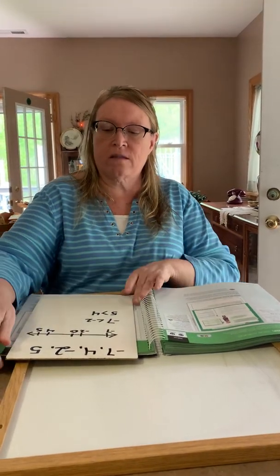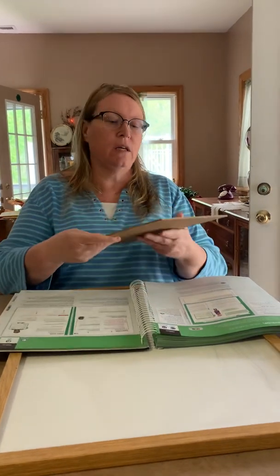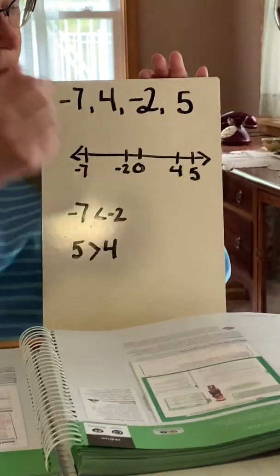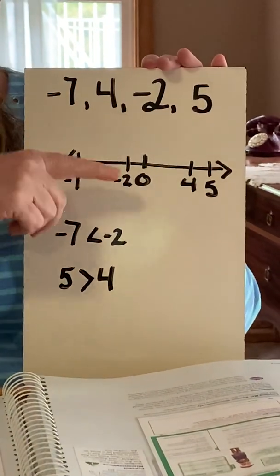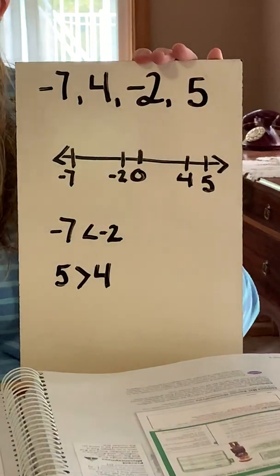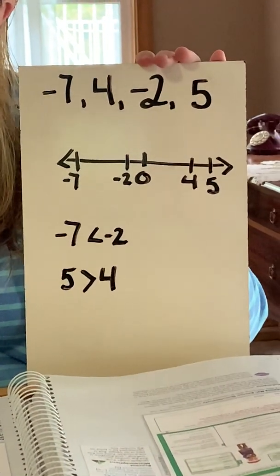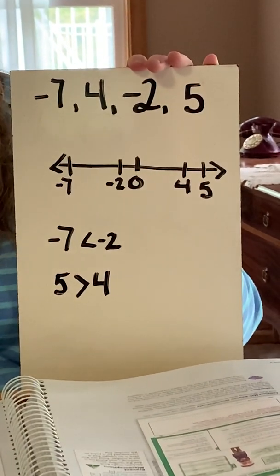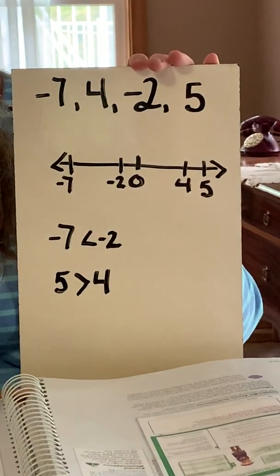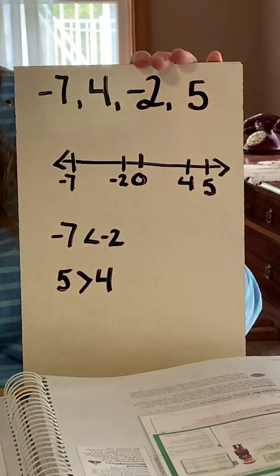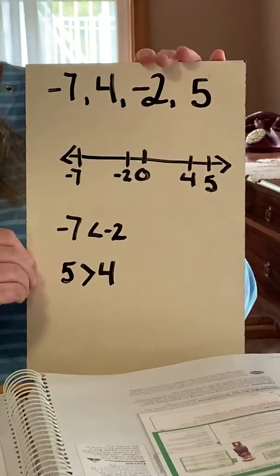You're asked on one of the pages to order these or put them on some sort of number line. If they ask what kind of tools could help you understand integers, you could say a number line, or a thermometer. Those things could help you understand negative numbers and positive numbers, the integers, okay?